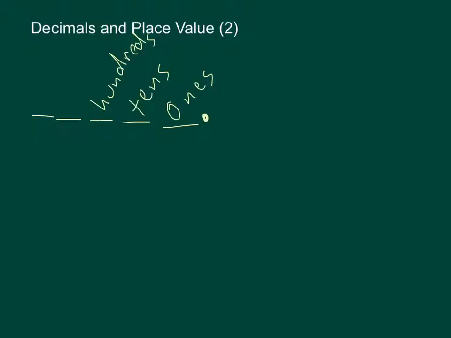Now to the right of the decimal, the first digit is going to be the tenths place, which we've been talking about. And then we have the hundredths. The next one is the thousandths.